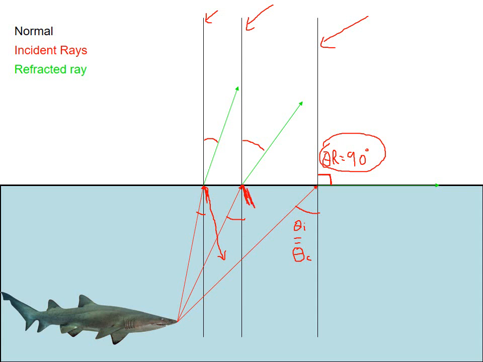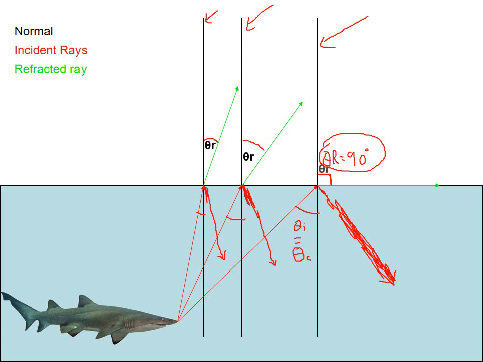Basically, as I get closer to the critical angle, more and more energy goes into my reflected ray, and less and less goes into my refracted ray. We're approaching total internal reflection, but we're not quite there yet.